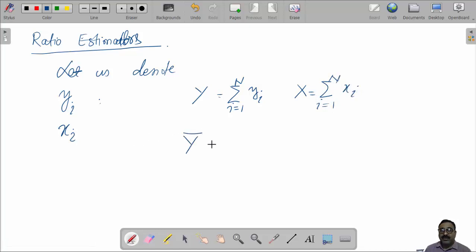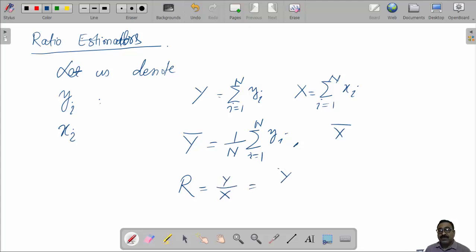Similarly, Y bar is the population mean of the study variable, and X bar is the population mean for the auxiliary variable. We denote R as the population ratio, Y by X, which is also equal to Y bar divided by X bar. Let rho be the correlation coefficient between x and y, that is, the study variable and the auxiliary variable in the population.